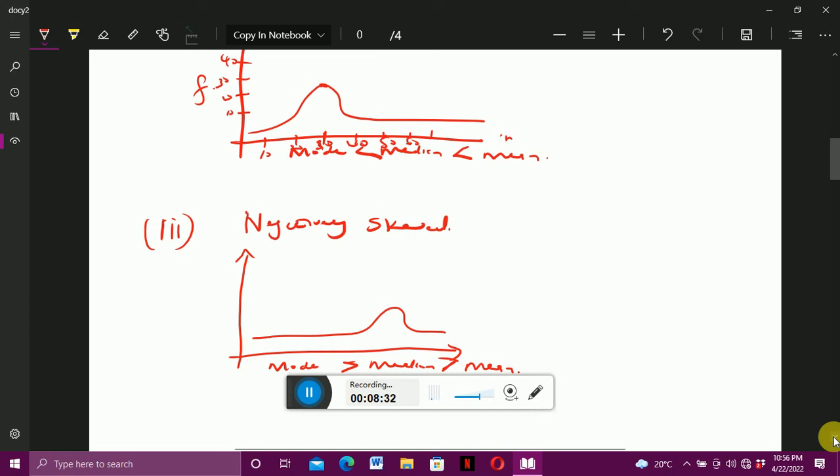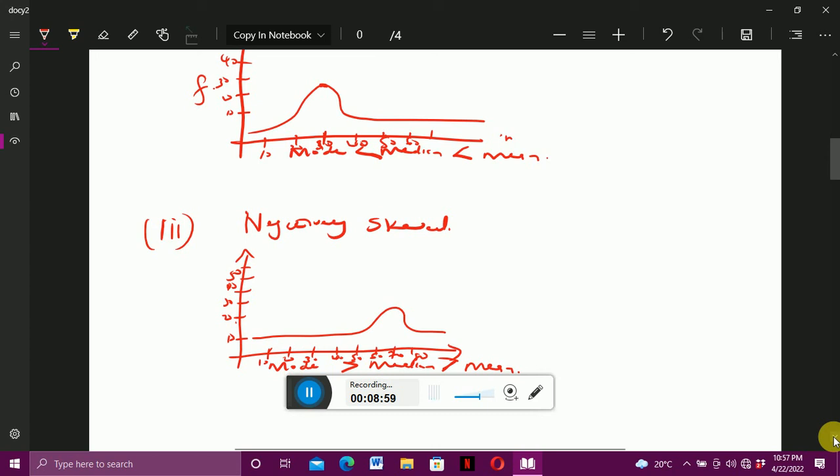Alternatively, on this side we have the same: 10, 20, 30, 40, 50. These are the number of students. These are the marks: 10, 20, 30, 40, 50, 60, 70, 80.